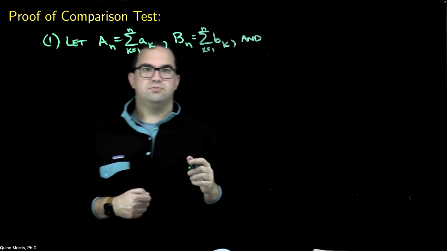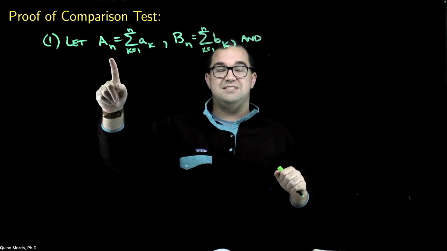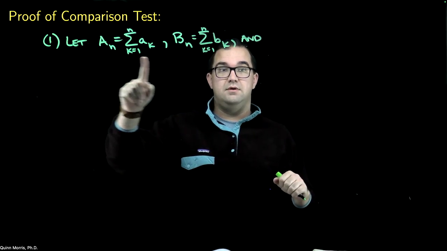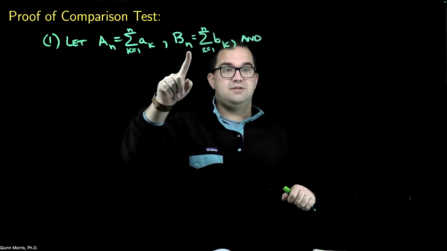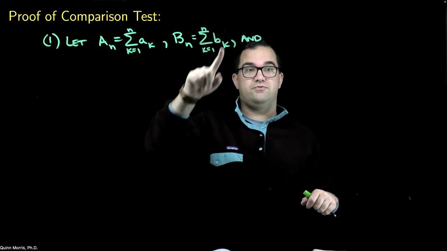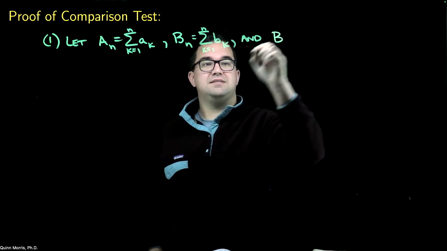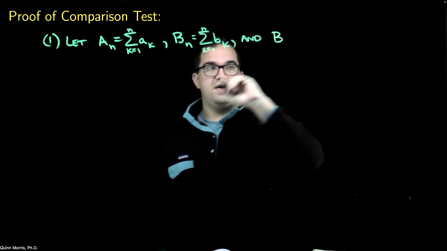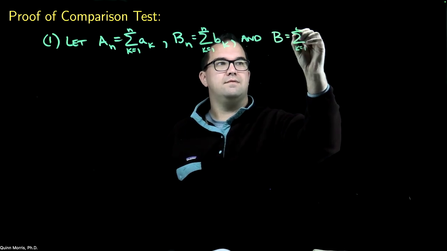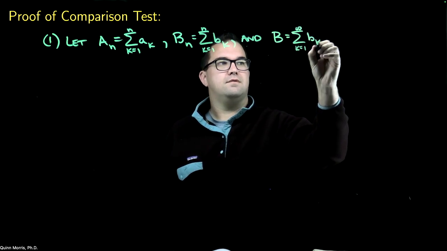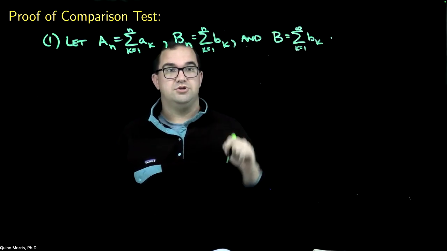The capital A sub n gives us the sequence of partial sums for the series sum A_k. The capital B sub n gives us the sequence of partial sums for the sum B_k. And remember in this case, we know that the larger series converges, so I'm going to set this to be whatever value the sum converges to.